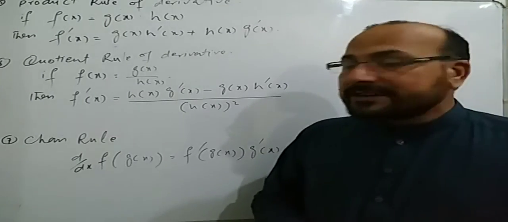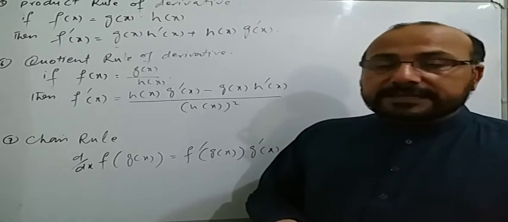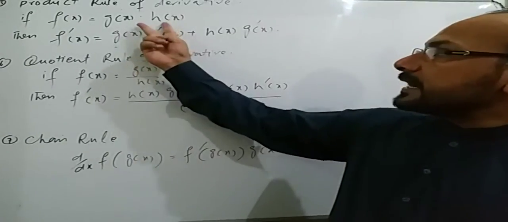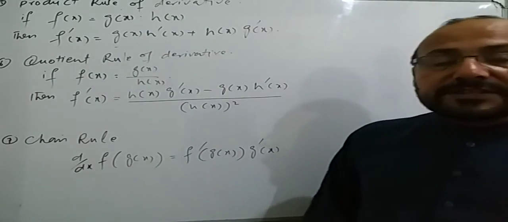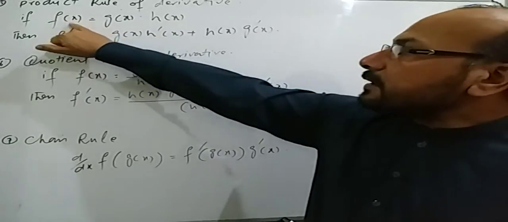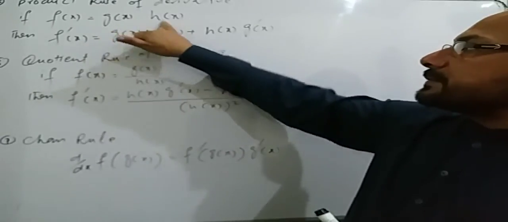What is meant by the product rule? Product, as is clear from its name, means multiplication, or multiplied form. If two functions are in multiplied form, how can we differentiate the product of two functions? So f of x is equal to g of x multiplied by h of x.